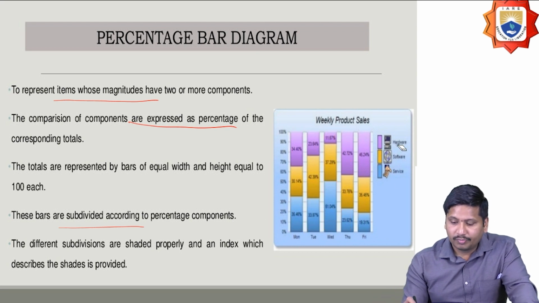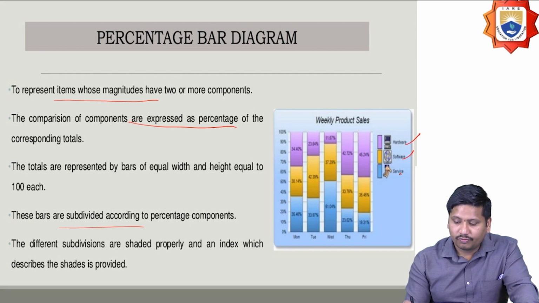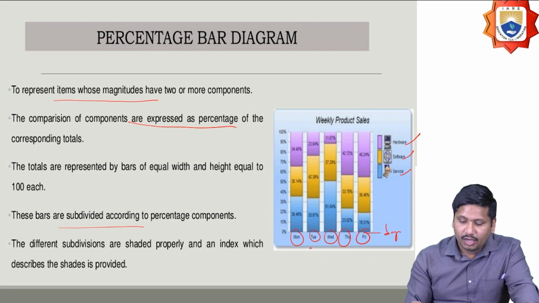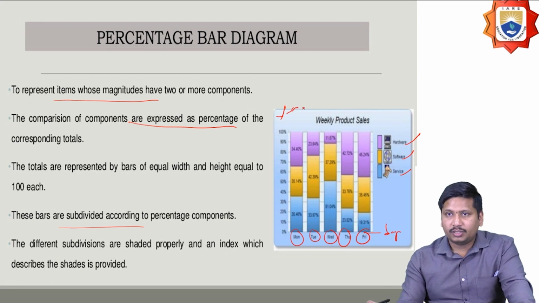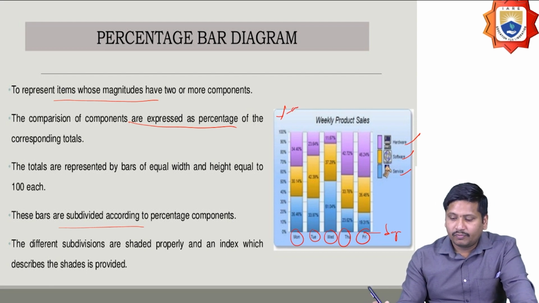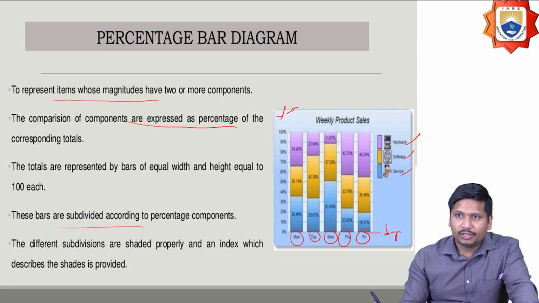Now, I would like to know how many sales there are for hardware, software and services. On the x-axis I take the days, Monday, Tuesday, Wednesday, Thursday and Friday, and on the y-axis I take the percentage of sales for hardware, software and services.